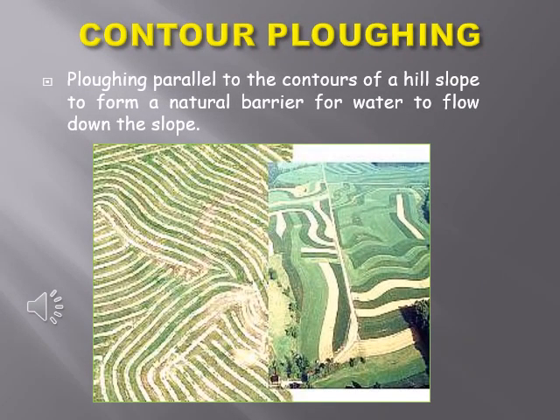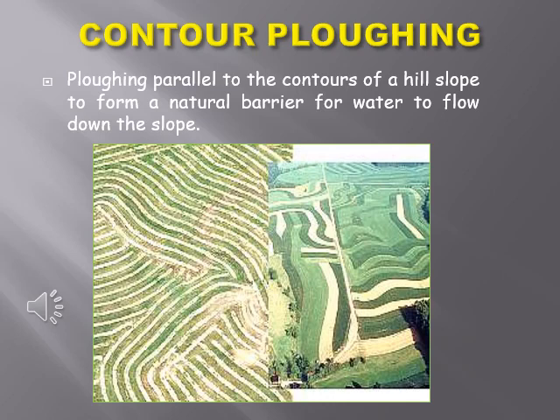The next method is known as contour plowing. As I told you earlier, contour lines means drawing in a zigzag manner. Plowing, all of you know what plowing is: preparing the land for cultivation. While plowing, instead of plowing in straight lines, farmers plow in contours, in a zigzag manner.